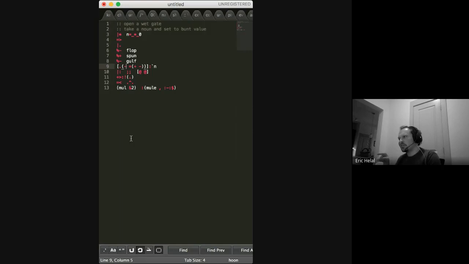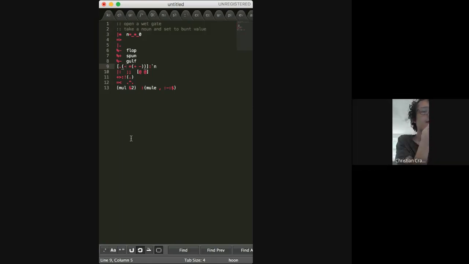Is it tail is equal to yes or no based on whether the head is equal to the tail? Something like that. Basically, if n is anything but 1, it'll fail.